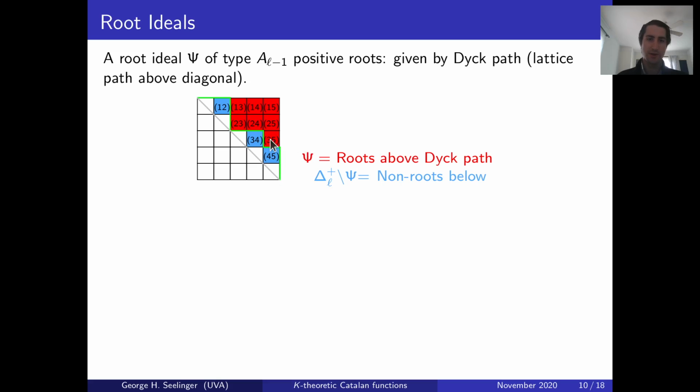So the roots are colored here in red, and the non-roots are colored here in blue. And so any one of these paths forms the root ideal, which is technically the roots, the ones that are red. However, we'll also be working with the blue non-roots.